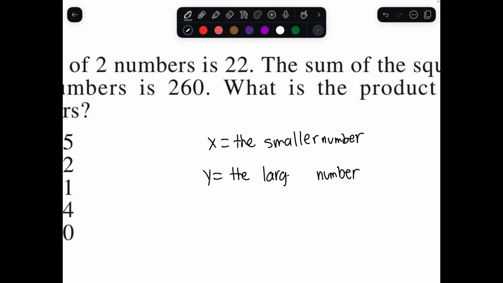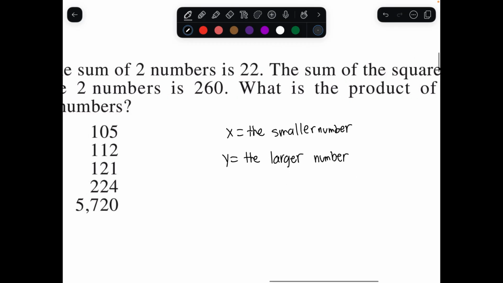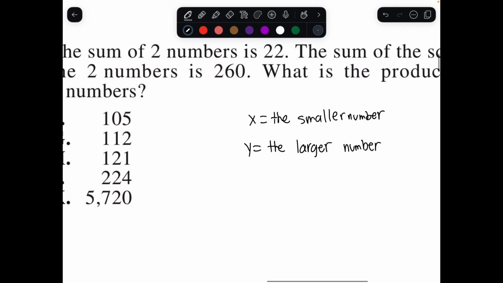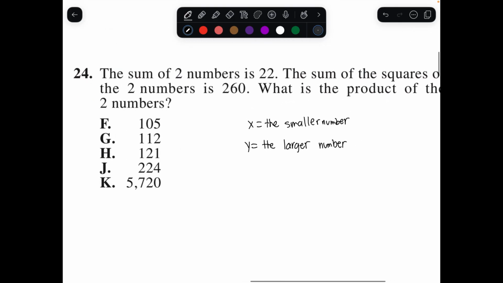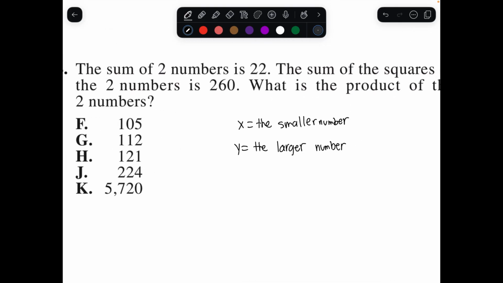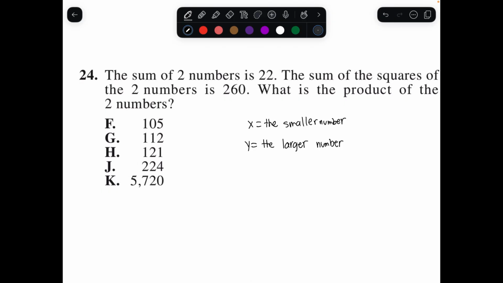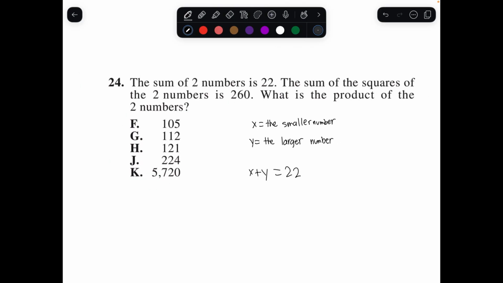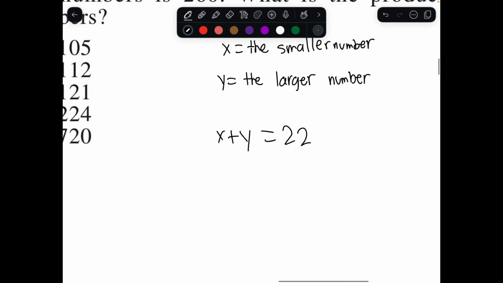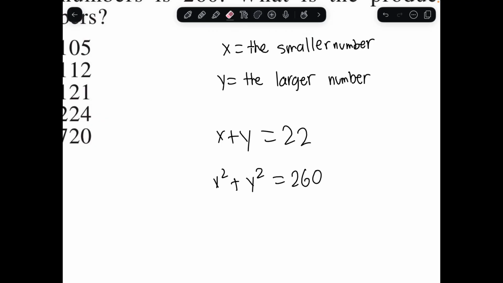So you have these two numbers: x is your smaller number and y is your larger number. It says the sum of the two numbers is 22. So that means x plus y equals 22. And it says the sum of the squares of the two numbers is 260, which means x squared plus y squared equals 260.